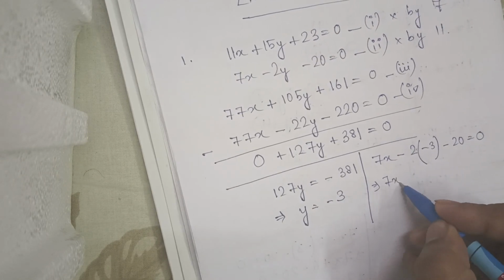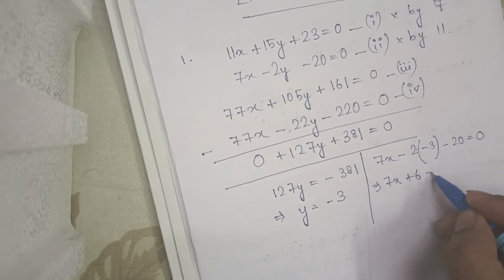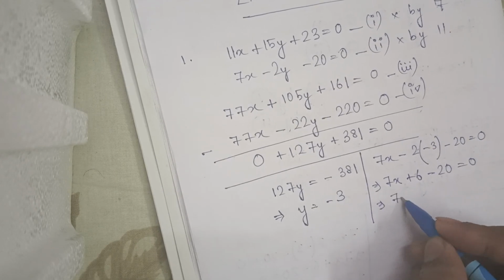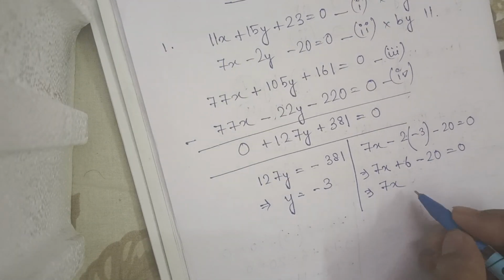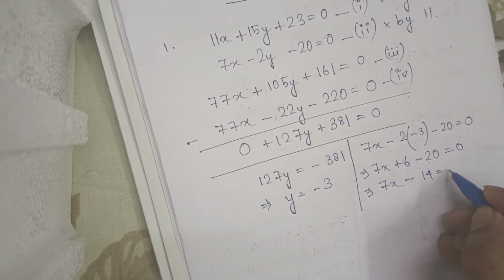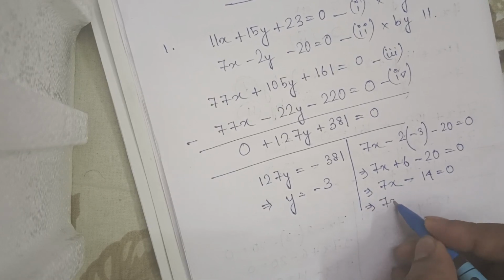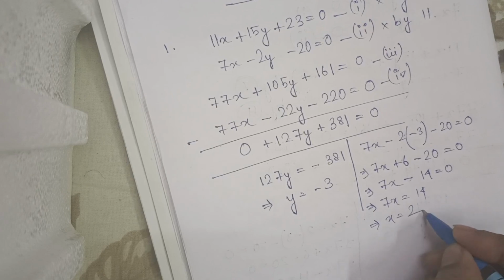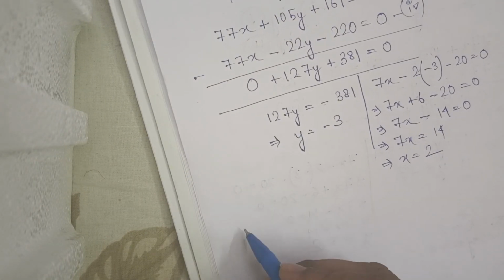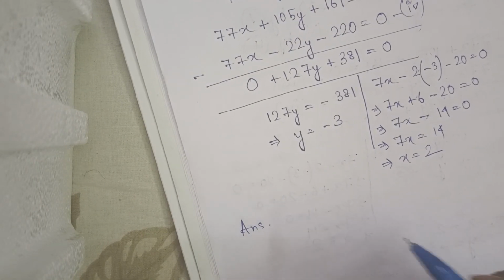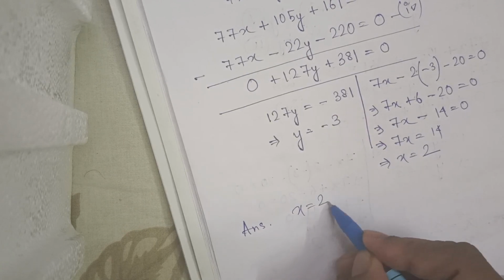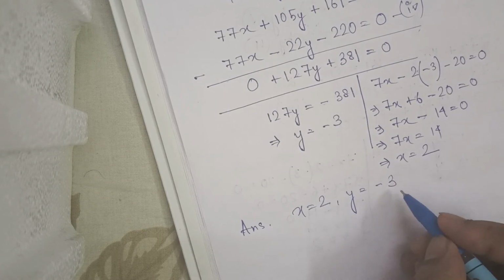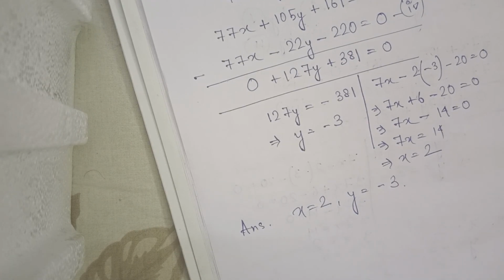So 7x plus 6 minus 20 equals to 0. 7x minus of 14 equals to 0. 7x equals to 14. Thus the value of x comes out as 2. So we can conclude from the sum that the value of x equals to 2 and value of y equals to minus 3. I think you've understood.